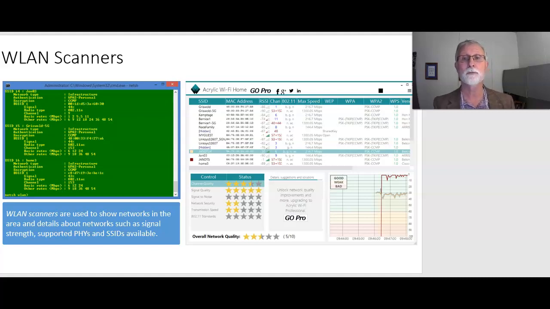When you highlight one, like this one in green, it gives you different results at different points in time of data: what the signal strength is, if it's good, bad, strong, weak. It gives you an indicator as to what channel you're on, what 802.11 is, what its max speed is, and what kind of security is on it. So it gives a lot of information to help you analyze what's in the area when you're designing a system.